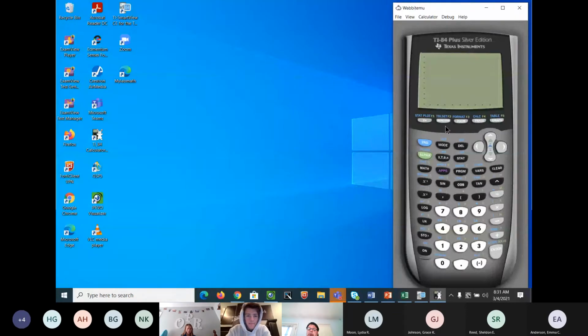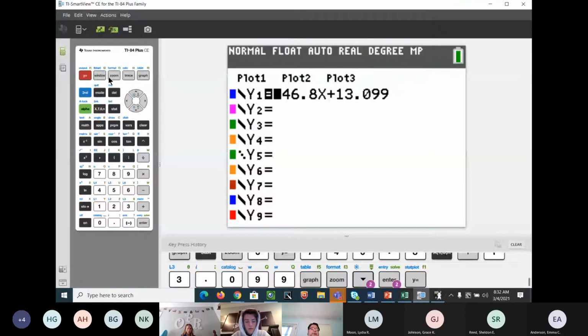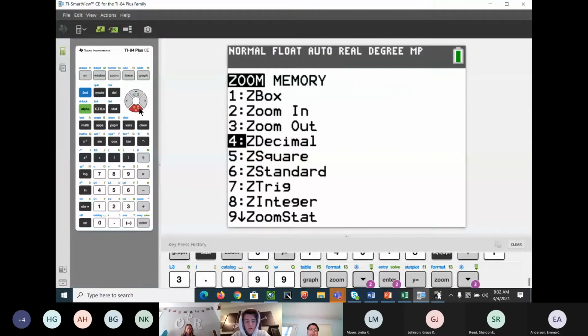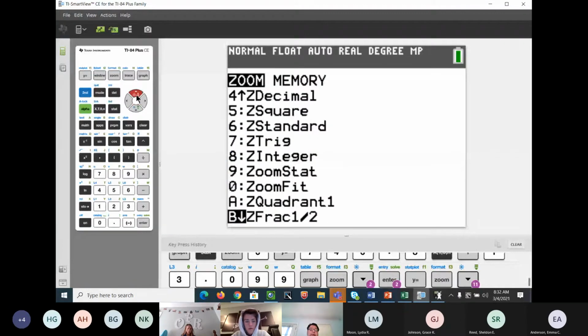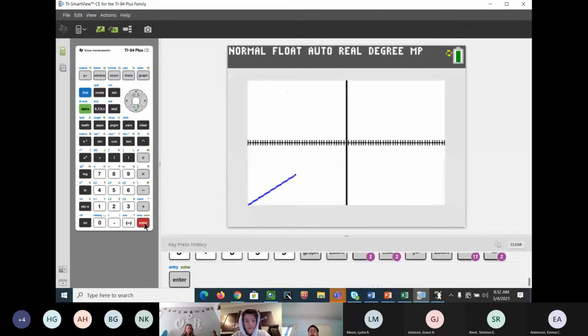Zoom fit. There. Whew. Beginning to think I lost my dang mind. Let's do a zoom fit. Or you could put it in the first quadrant, but I'm going to use zoom fit. There we go. Don't ask me what just happened here. I have no idea.